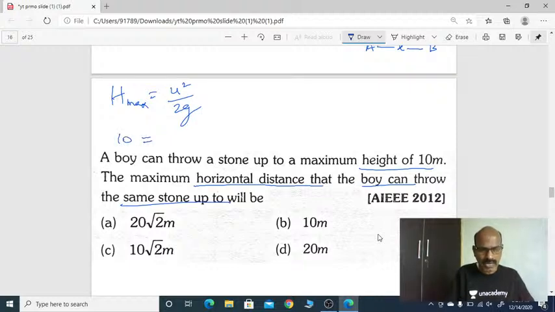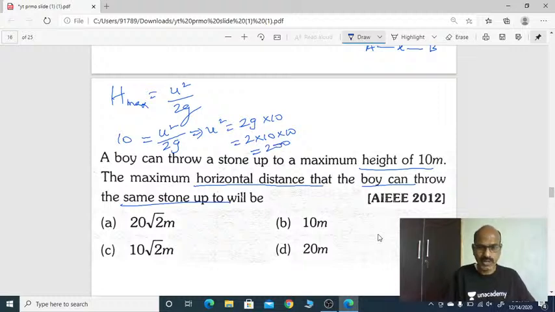So 10 equals u square by 2g. From this, u square equals 2g into 10, 2 into 10 into 10. So how much? 200. It is u square, u square equal to 200.